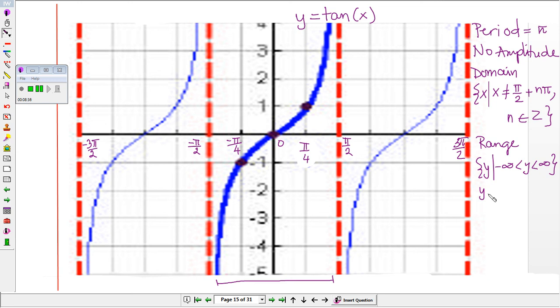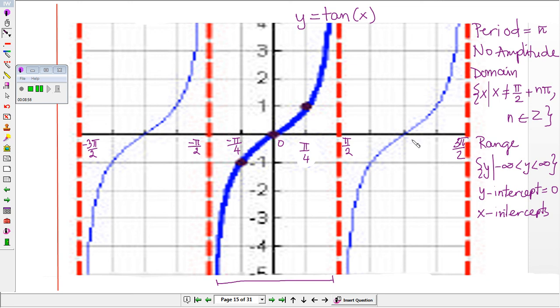Now let's move on to the y-intercept. In this case, the graph does have a y-intercept. The graph crosses the y-axis at the value y equals 0. The x-intercepts: the graph has many x-intercepts. For every period, we will have one x-intercept. The first one is x equals 0.